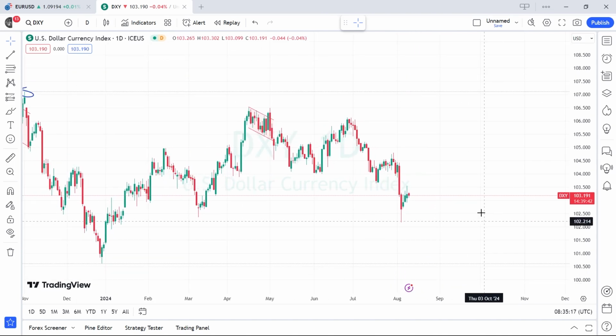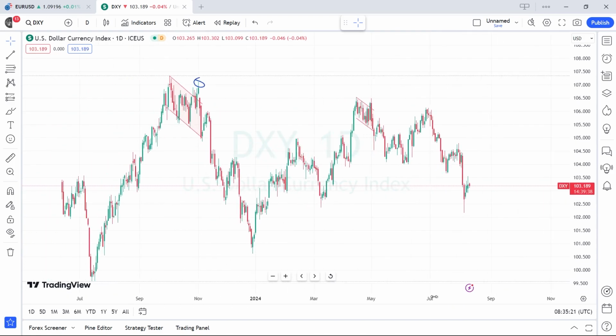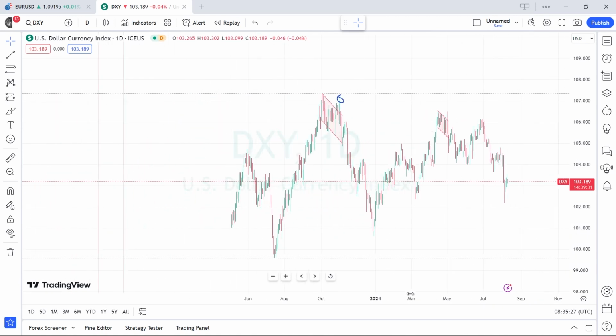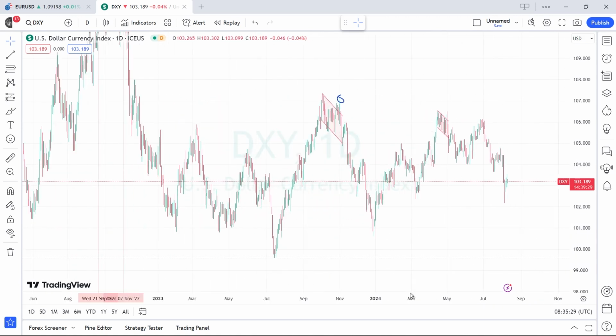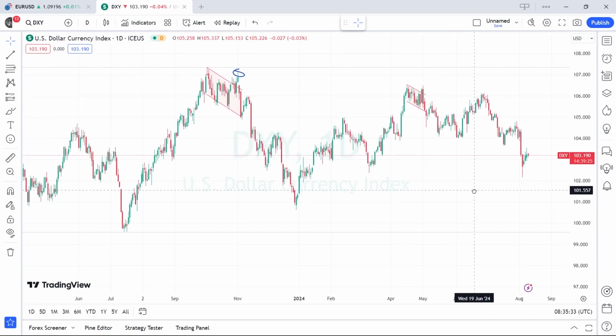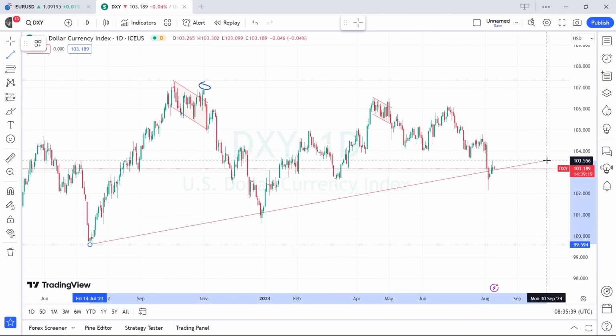So about the long-term expectation of where you can expect the dollar index to go, if you would ask me, I would tell you this index is likely to trend higher. For what reason? Once the rate cuts begin, it sets off another reaction.